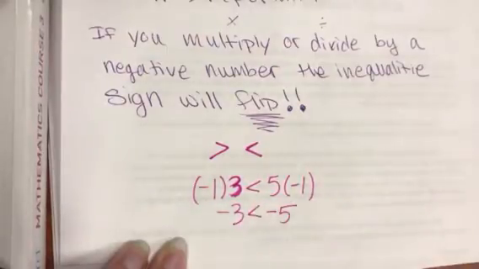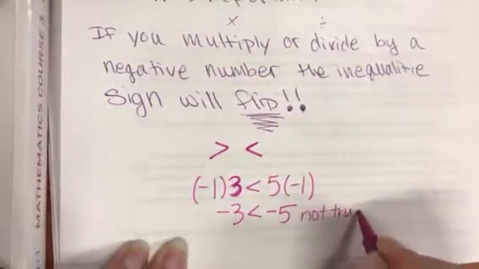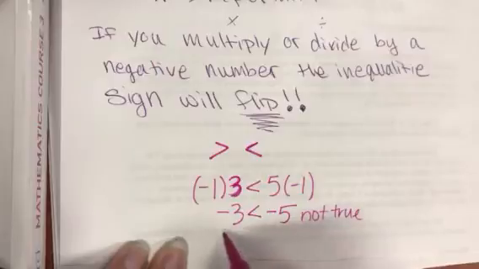But hold on, true? -5 is totally less than -3. It's not true. So some genius mathematician came up with a property: anytime you multiply or divide by a negative, it's going to flip your symbol. So -3, in order to make this true, should be greater.